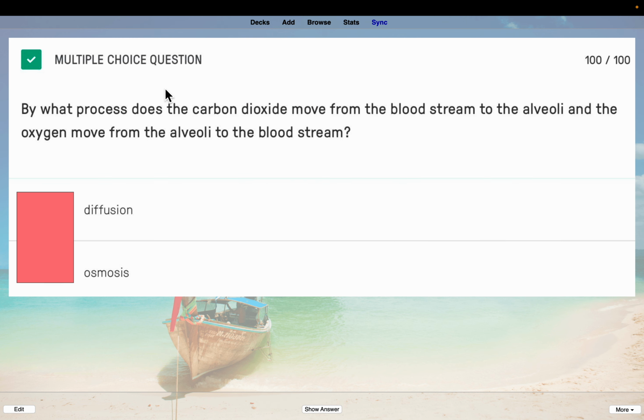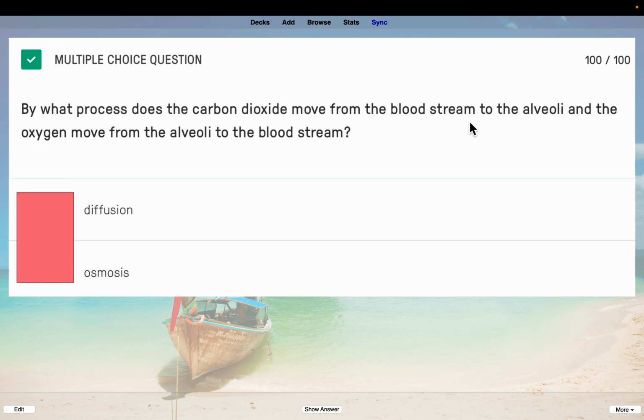By what process does the carbon dioxide move from the bloodstream to the alveoli and the oxygen move from the alveoli to the bloodstream? Okay, so this is something that's similar to what I said earlier. It's very close. The attachment of capillaries to the alveoli. There is a trade.